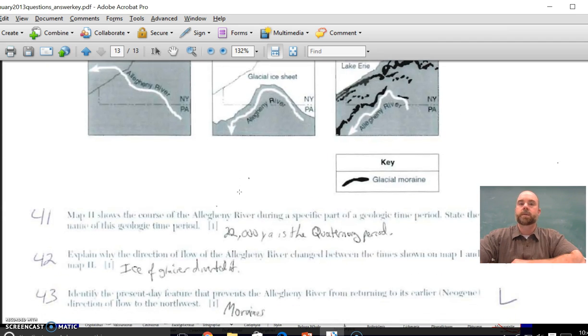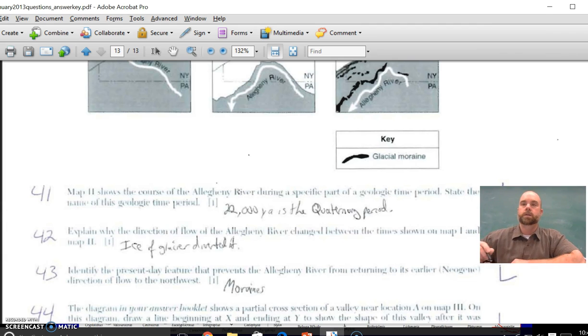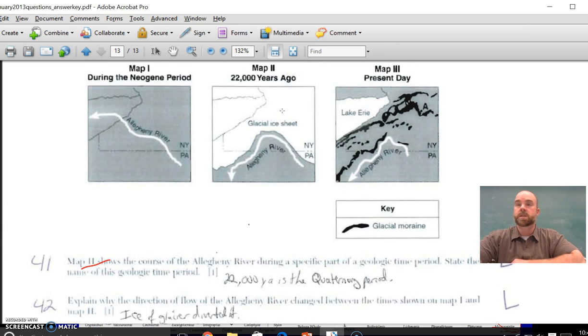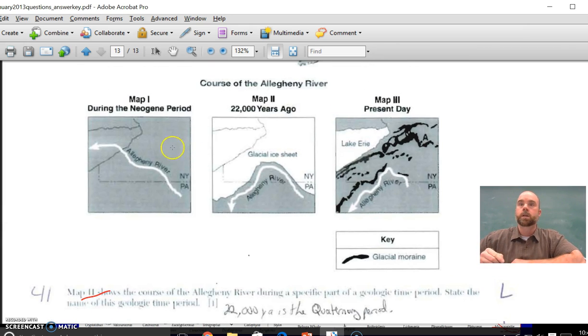Last one, ladies and gentlemen, last set. All right, so it says map 2 shows the course of the Allegheny River during a specific part. What is the time period? All right, map 2 specifically says 22,000 years ago.